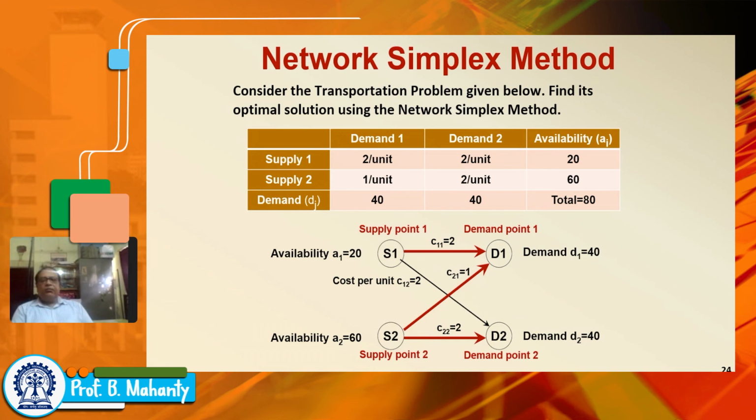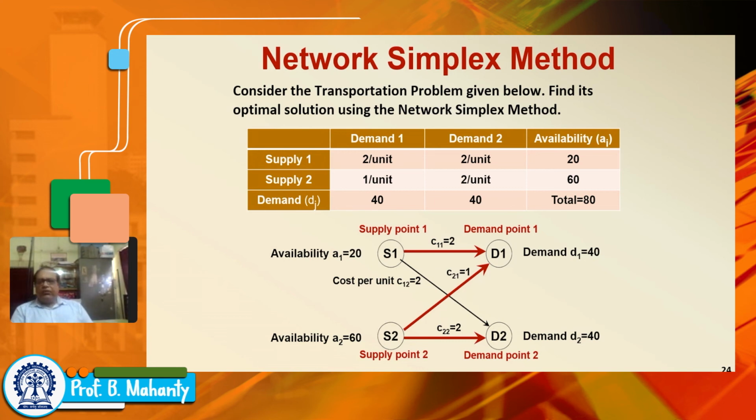So let us say we have a transportation problem, and let us say that we have to solve that with a network simplex method. So let's say that we have the supply and demand consideration. Let us assume that there are 2 supply points and 2 demand points, and availability at the first supply point is 20, availability at the second supply point is 60, and the demand values are 40 and 40.